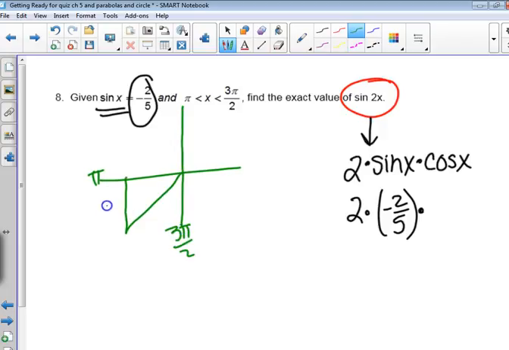The sine is opposite over hypotenuse. We good? Square this, we get 25. Square that, we get 4. We're looking for a leg. 25 minus 4 is 21. But be careful, it's negative because we're in that quadrant. So the cosine is what? Negative square root of 21 over 5.